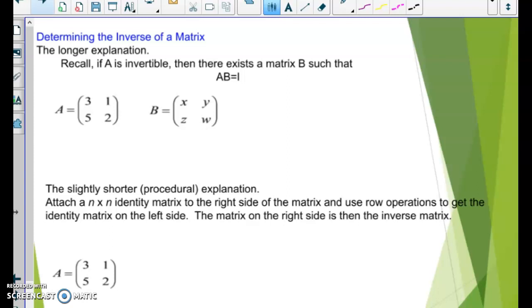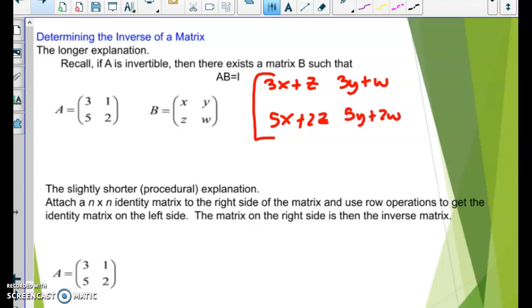So if I start out by taking first row times first column, I get 3x plus z, and then first row times second column, which gives me 3y plus w. Second row times first column gives me 5x plus 2z. And second row times second column gives me 5y plus 2w.